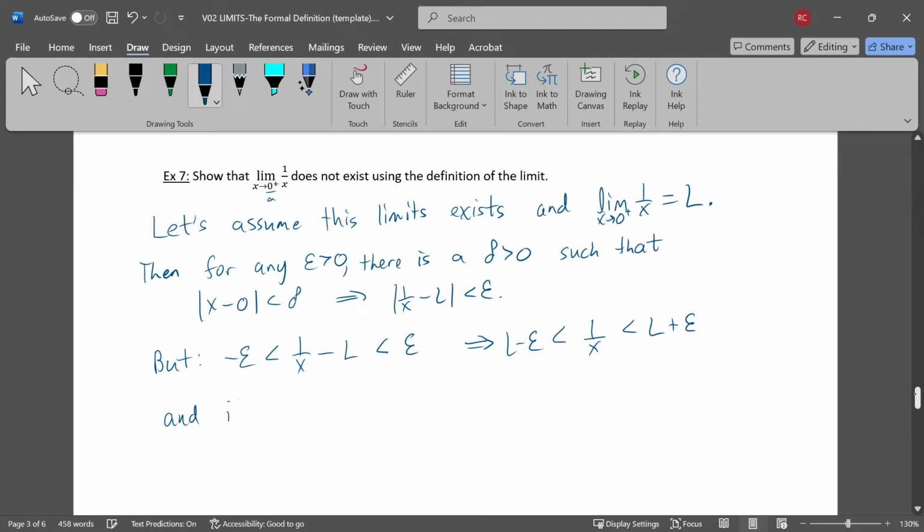And if the absolute value of x minus 0, which is x, is less than 1 over L plus 2 epsilon, what would happen? Okay, and I'll explain why I picked that number in just a moment.